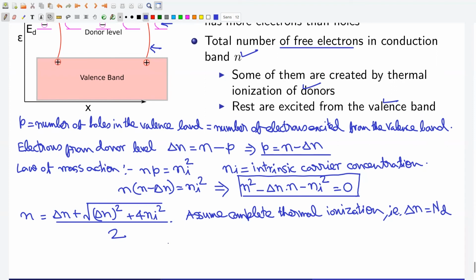Thus, we get N is equal to ND plus square root of ND square plus 4 Ni square, divided by 2.